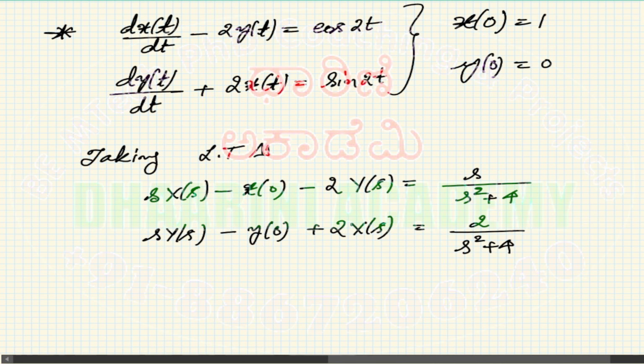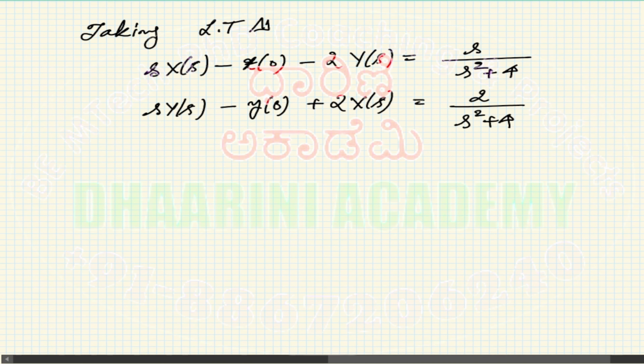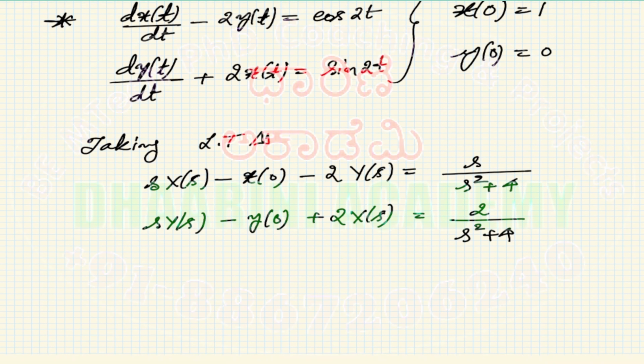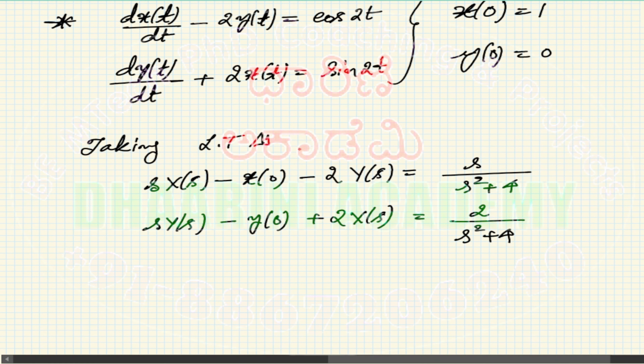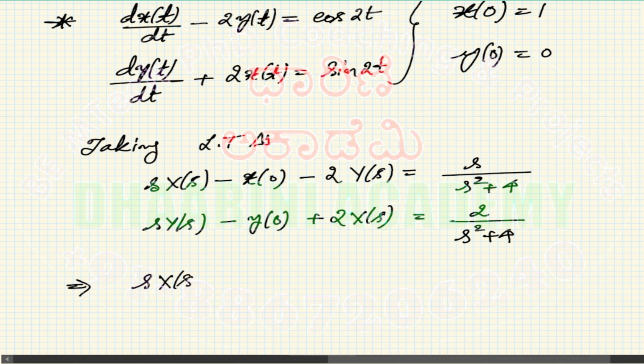The initial condition is that x of 0 is 1, correct? So this implies s into X of s minus 1 minus 2 times Y of s is equal to s by s square plus 4.